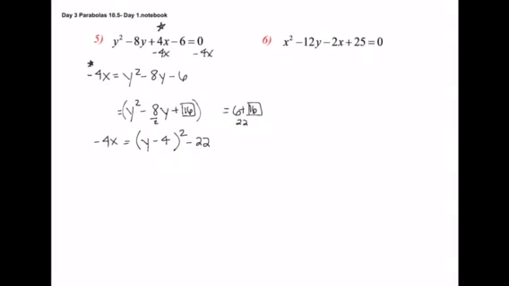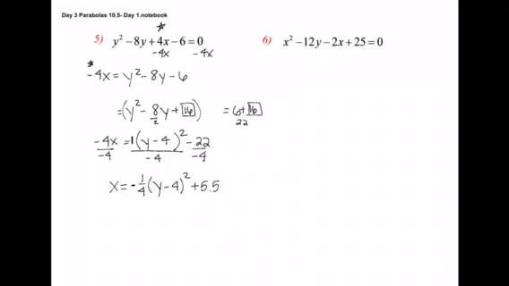In order to get x by itself, we need to divide. Remember, there's a 1 out in front of this parenthesis by negative 4. So we're going to divide this whole quantity by negative 4. 22 by negative 4. So we get x is equal to negative 1/4 times the quantity of y minus 4 squared, a negative and a negative becomes a positive 5.5.